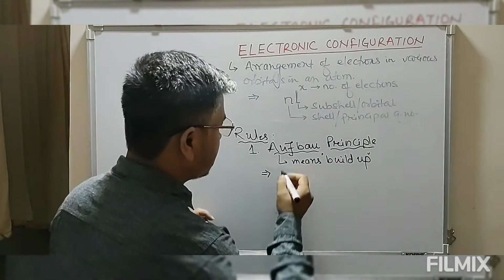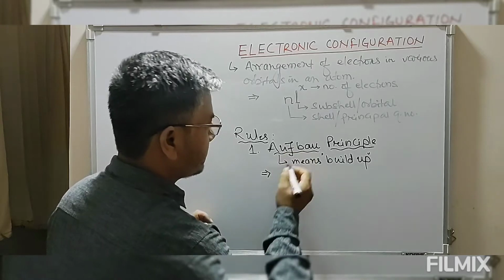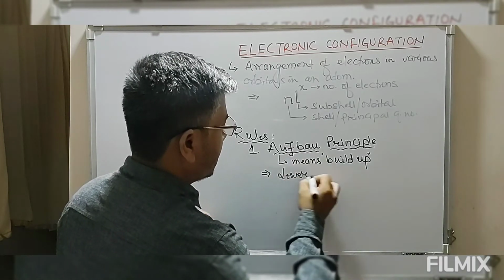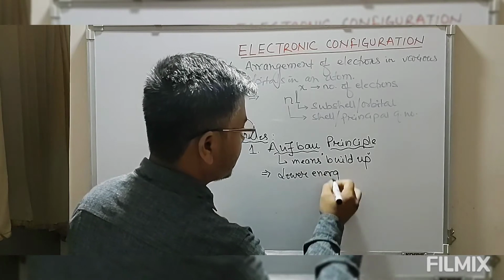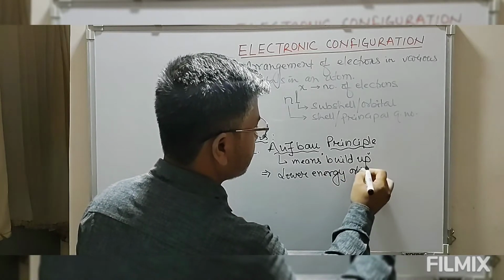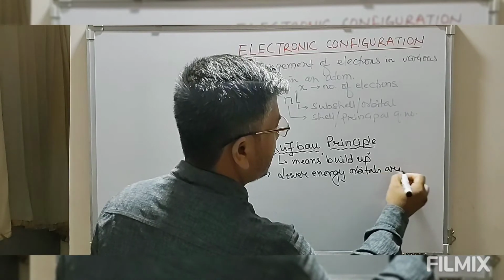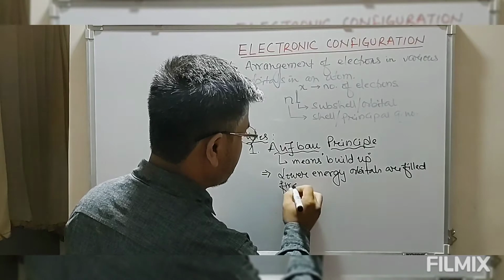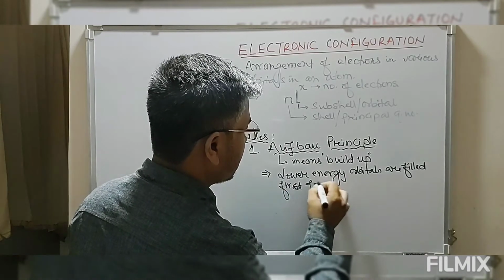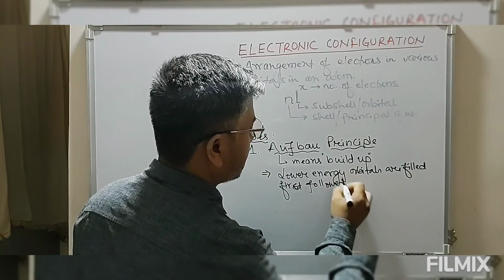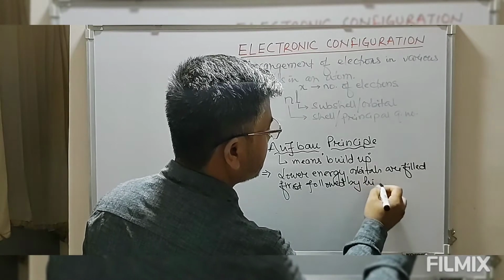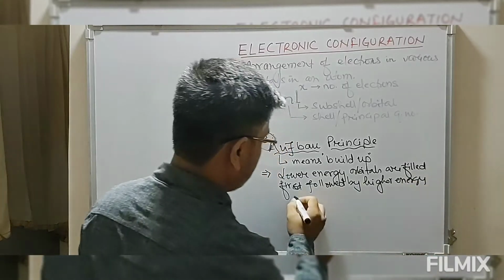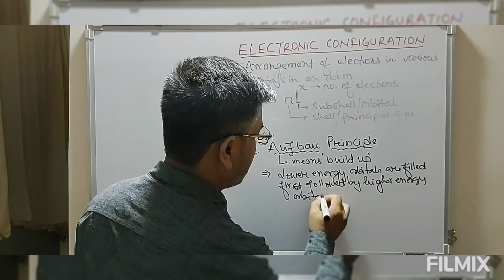So this says lower energy orbitals are filled first, followed by higher energy orbitals.